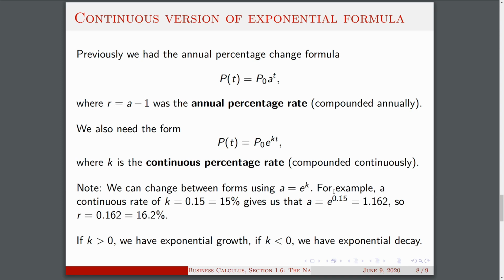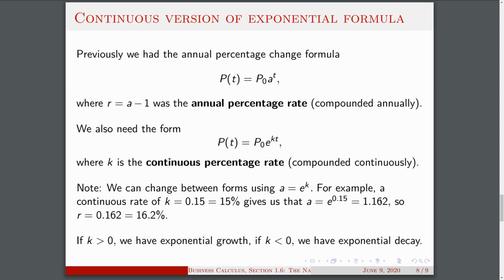All right, so forget that for a moment. For example, let's say you have a continuous rate of 15%, which when we write the value of k, normally we write as a decimal. And so a equals e to the k, e to the 0.15, that's 1.162. A growth factor of 1.162, remember, is 1 plus the rate.